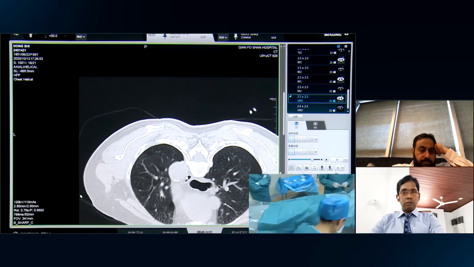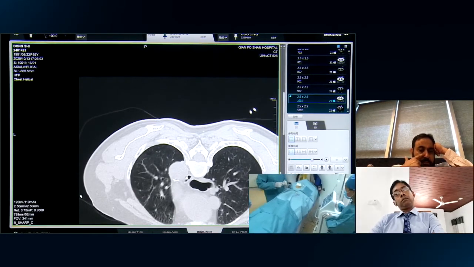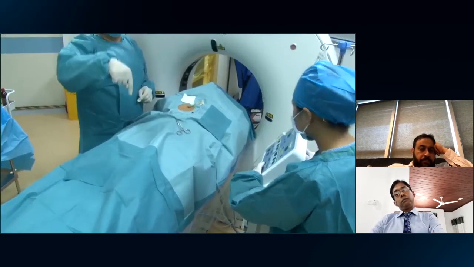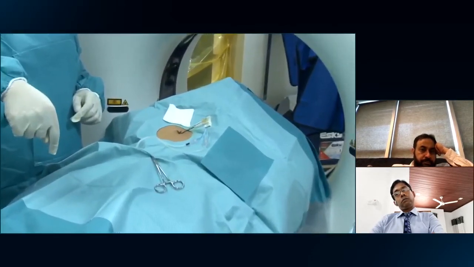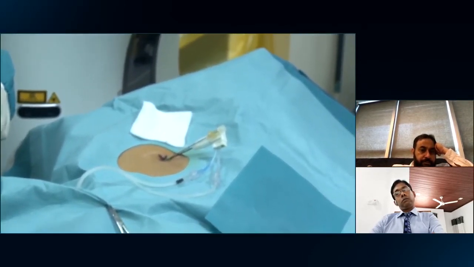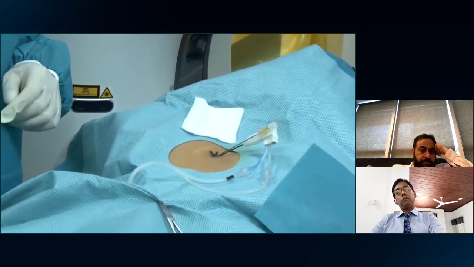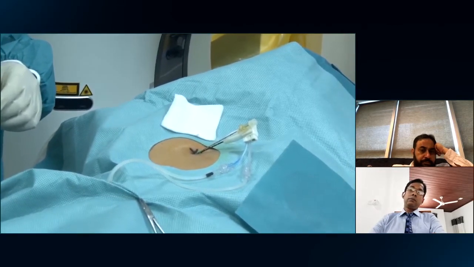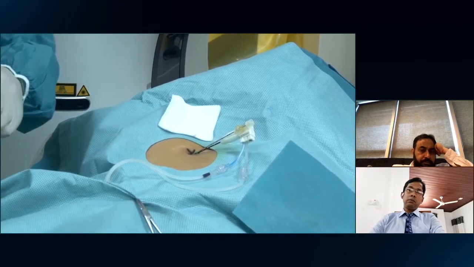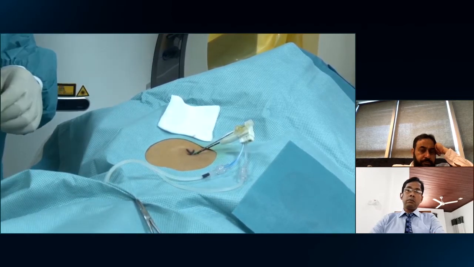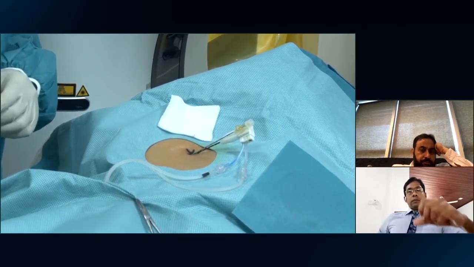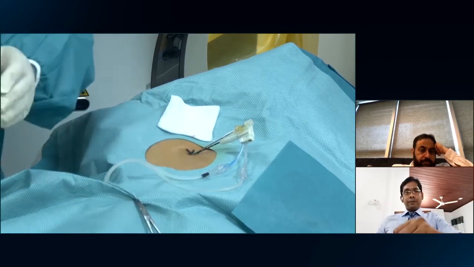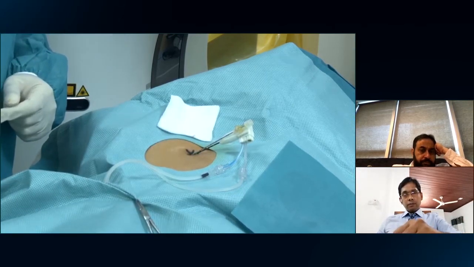It doesn't matter to the pathological results. 1 minute of microwave doesn't matter to the pathological results, but it has excellent efficiency to prevent bleeding. True.